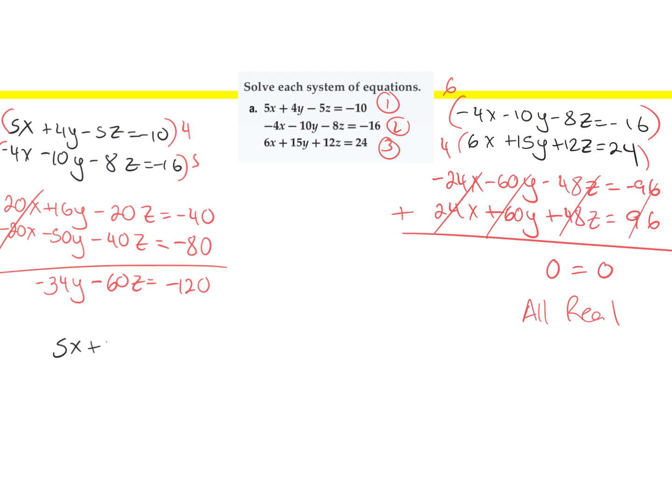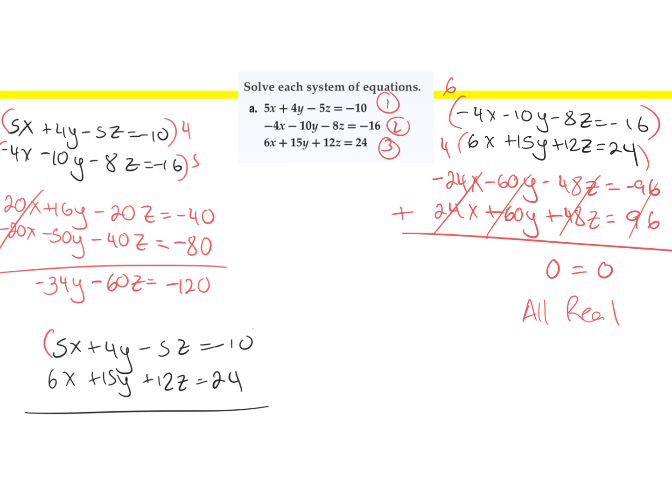5x plus 4y minus 5z equals negative 10. 6x plus 15y plus 12z equal to 24. I'll multiply this top one by negative 6 and this bottom one by positive 5. So I will get negative 30x minus 24y plus 30z equals 60.